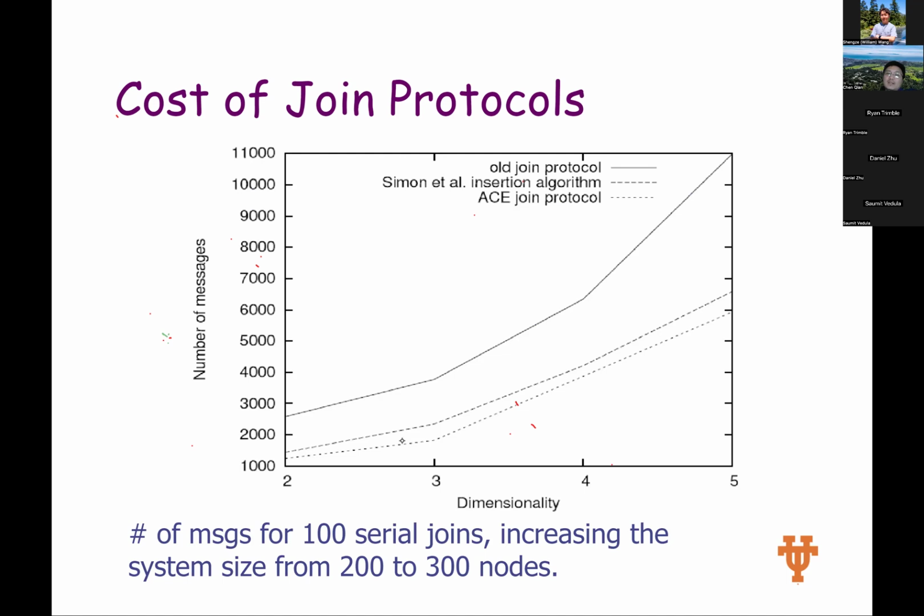You see, the ACE protocol is the bottom one. We find that for 2 dimensions it's very efficient, but the cost increases significantly for 4D and 5D. So we probably should avoid using very high dimensional space.